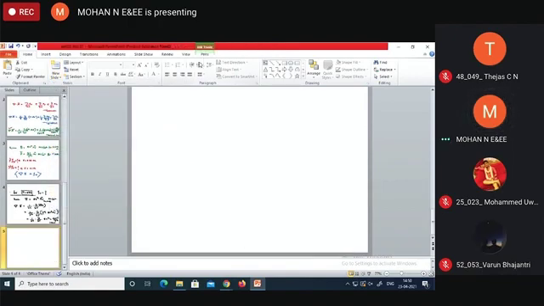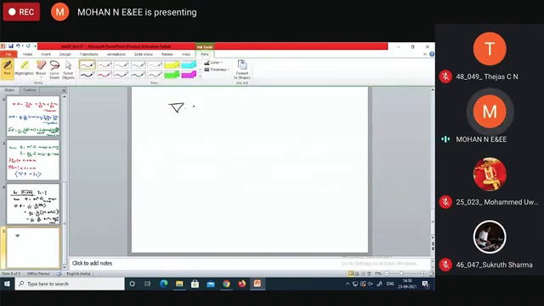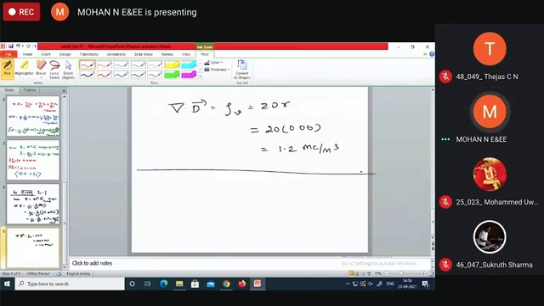So gradient of D vector is equal to rho v, that is equal to 20 r. Now r is 0.06, so that is nothing but 1.2 millicoulomb per meter cube. This is the first part of the problem, when r is equal to 0.06.